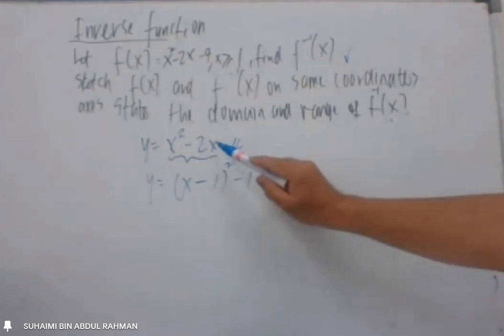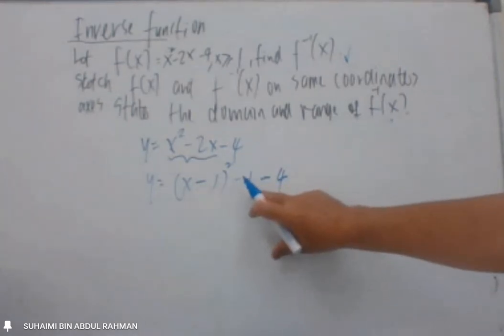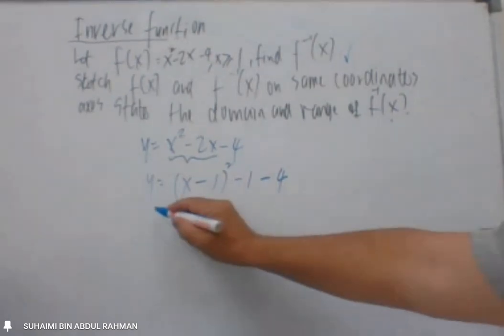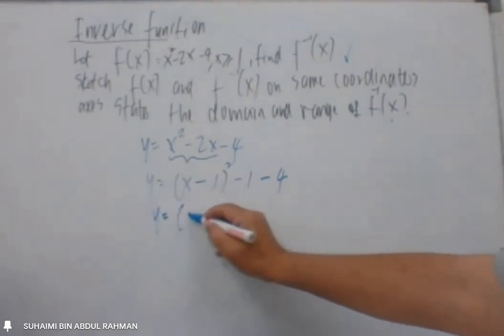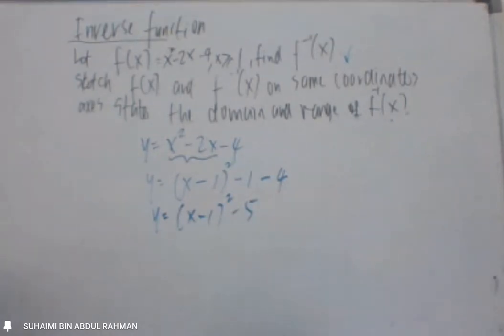To keep it equal to x squared minus 2x, we have to subtract 1. So y equals x minus 1 squared minus 1 minus 4, which is x minus 1 squared minus 5.